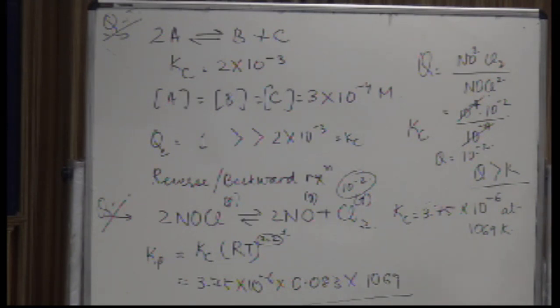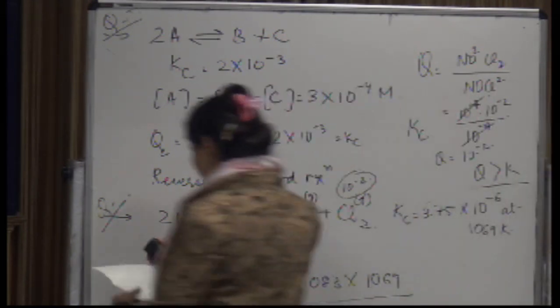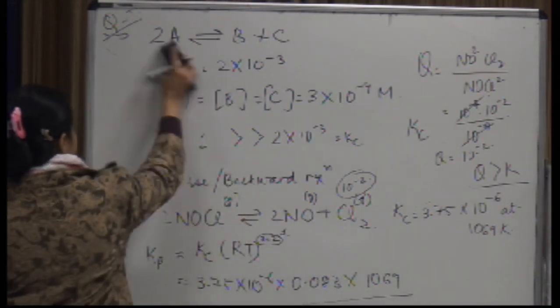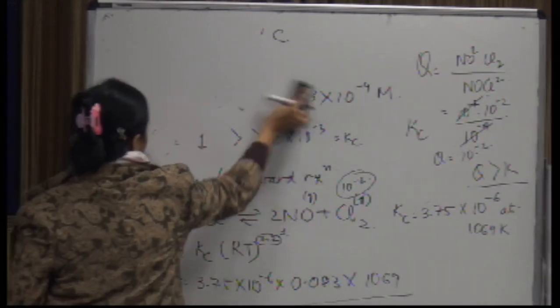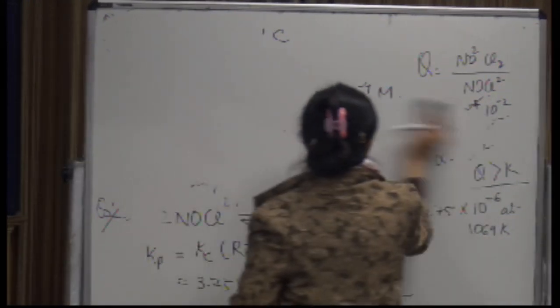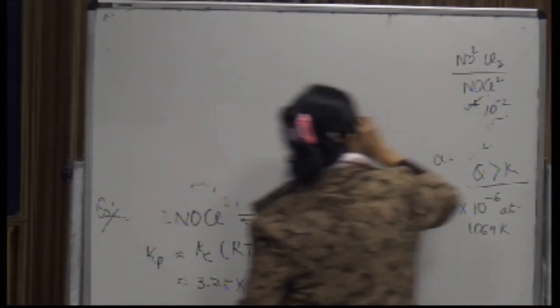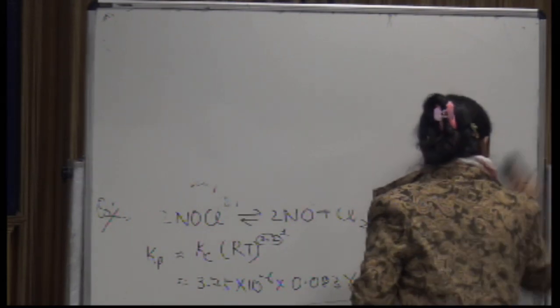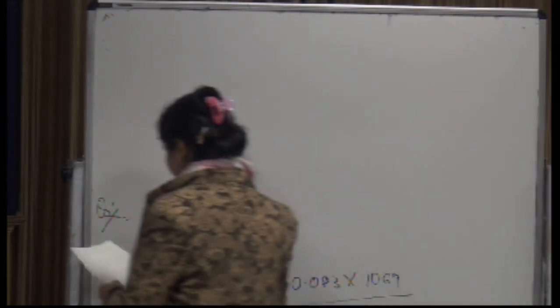Take up one more question now. Say value of Kp is given as 3. The value of Kp is given as 3 at 1000 Kelvin for what reaction?